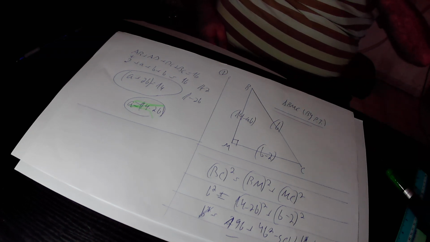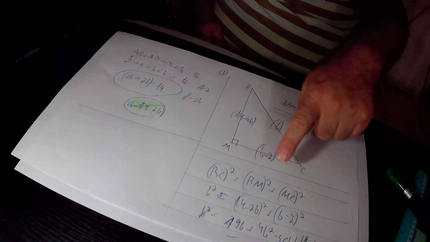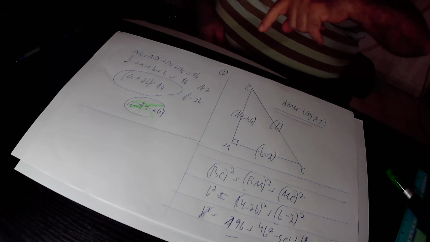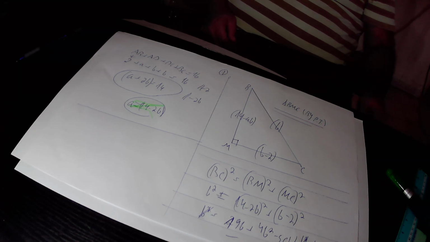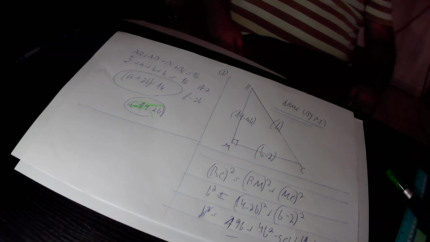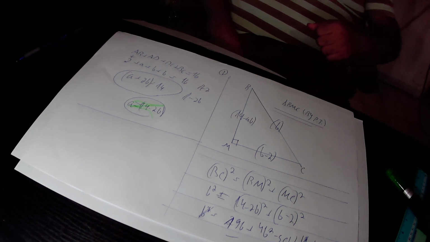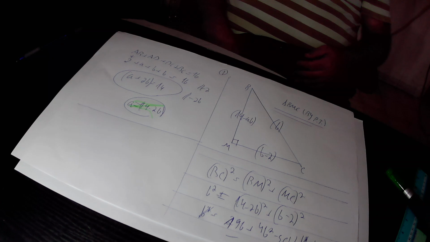Here we open the brackets on this side of the equation and find that B squared equals (14 minus 2B) squared, which is 14 squared, that is 196, plus (2B) squared. (2B) squared is 4B squared, and minus 2 times 14, that is minus 28, times 2B.